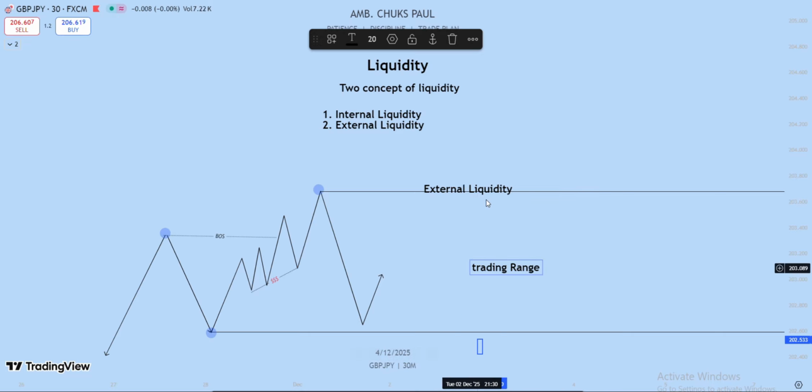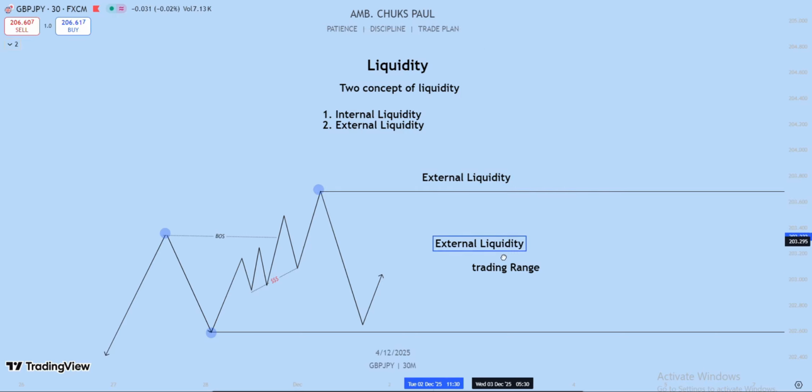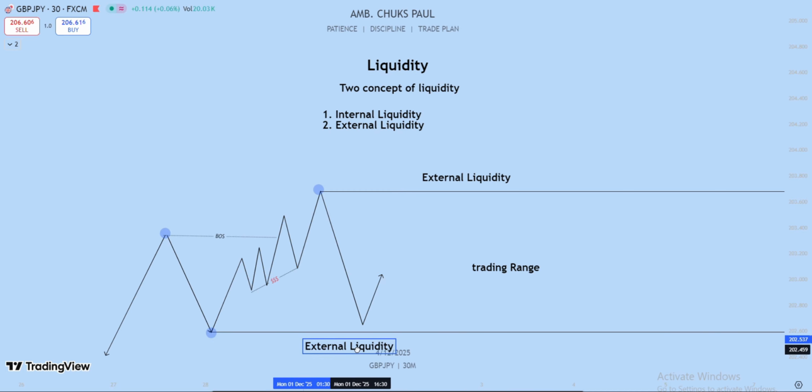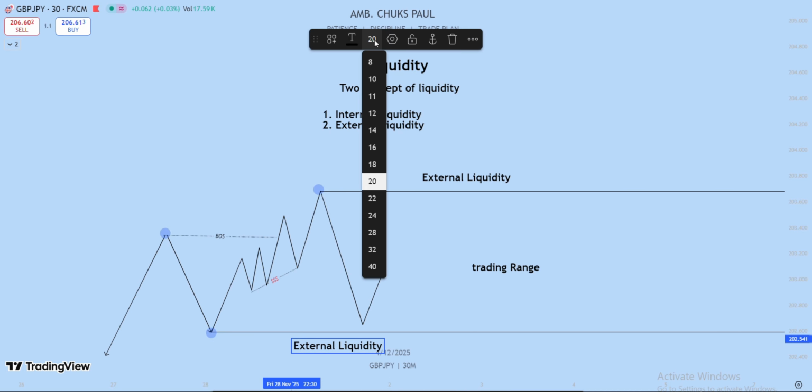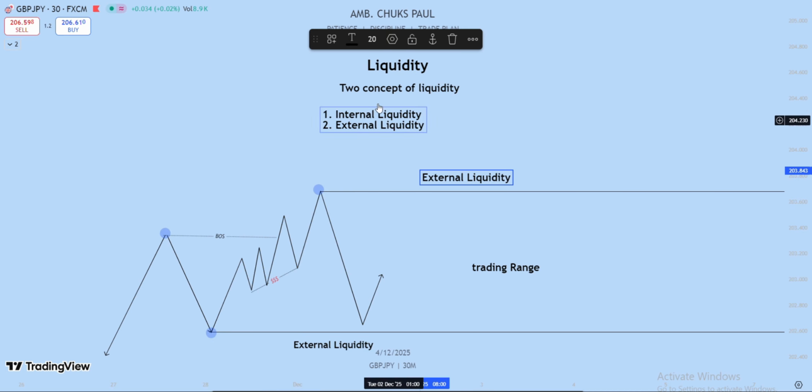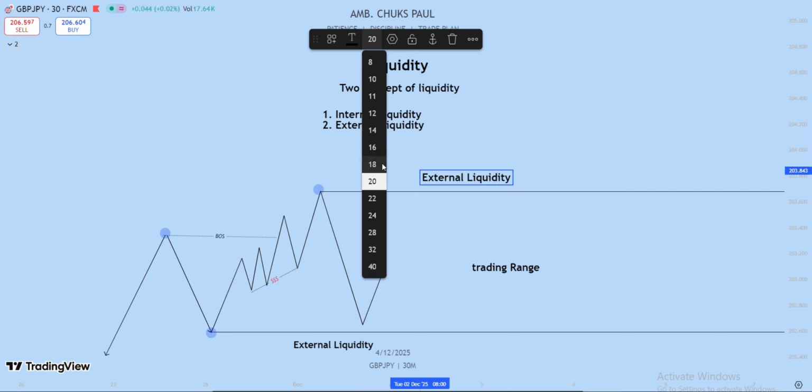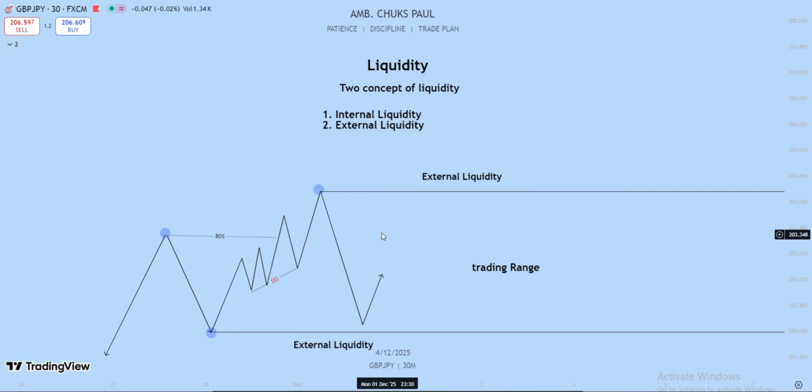So let me just clone this. The low and the high are our what? External liquidity. Then whatever we see price do inside this trading range is known as what? External liquidity.